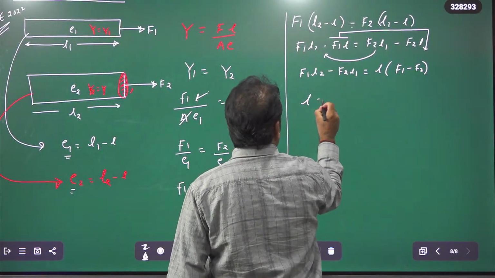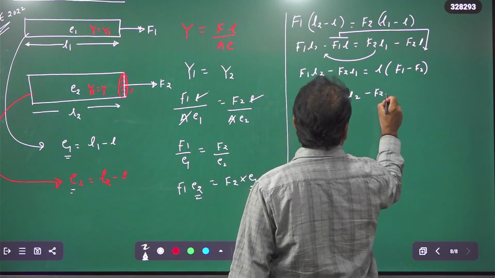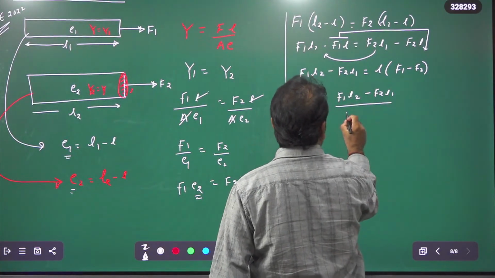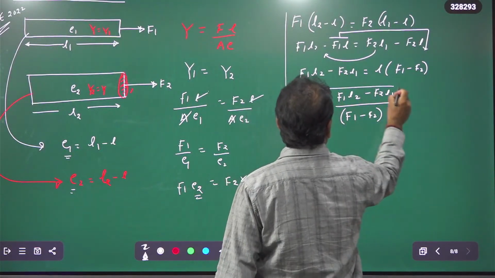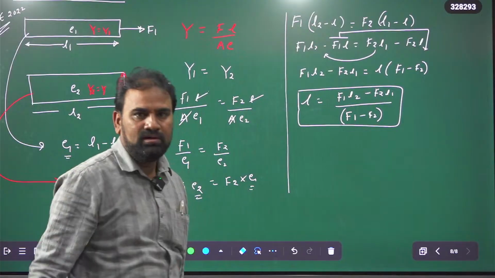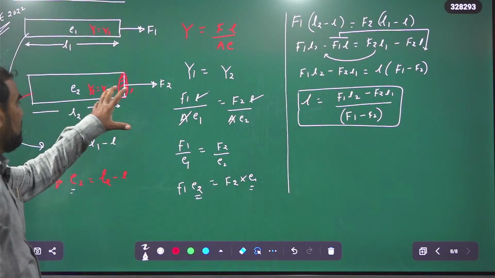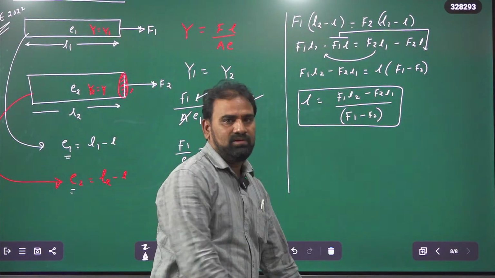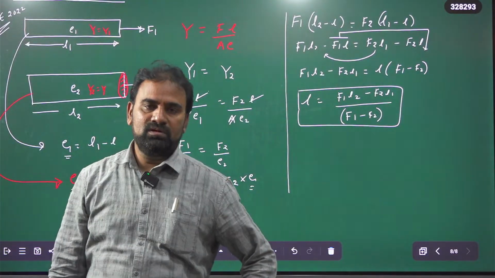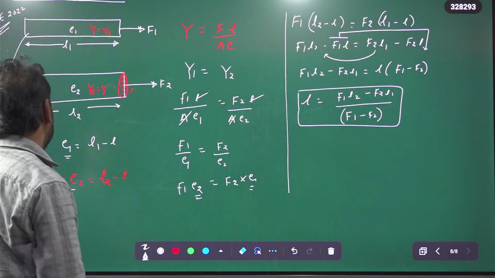Therefore, L is equal to F1 L2 minus F2 L1 upon F1 minus F2. This is the natural length of the wire. Is it clear? A very easy problem. This question was asked in 2022.